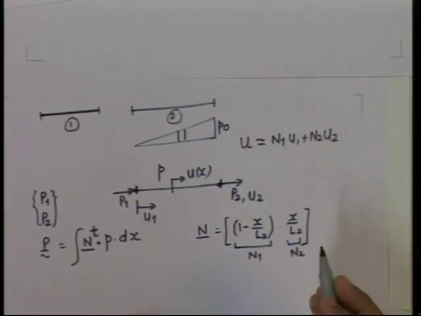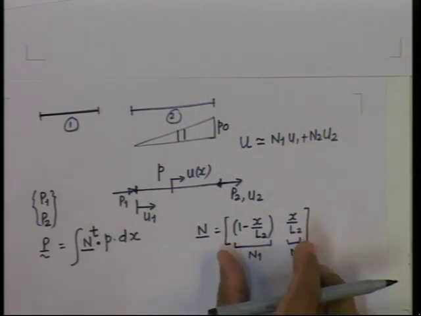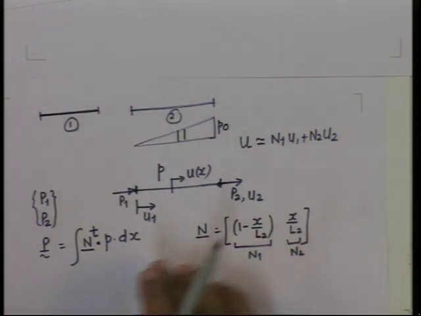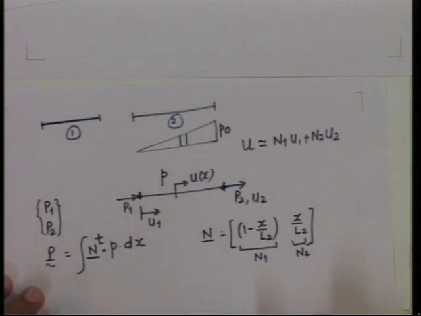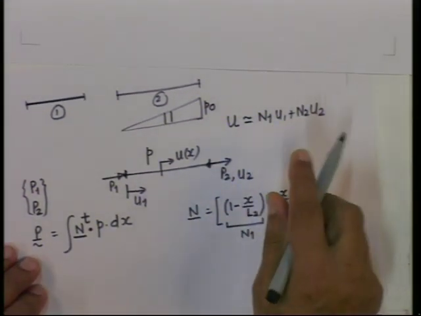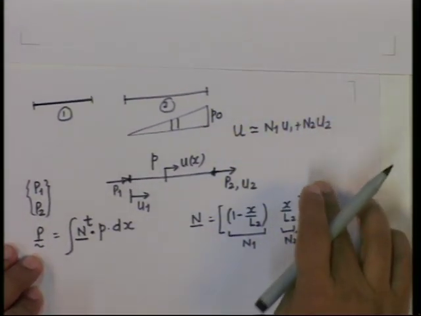So what I was explaining is that this is called the shape function matrix. We always define it as horizontal, not vertical, because this will be horizontal and then u1, u2 will be vertical.